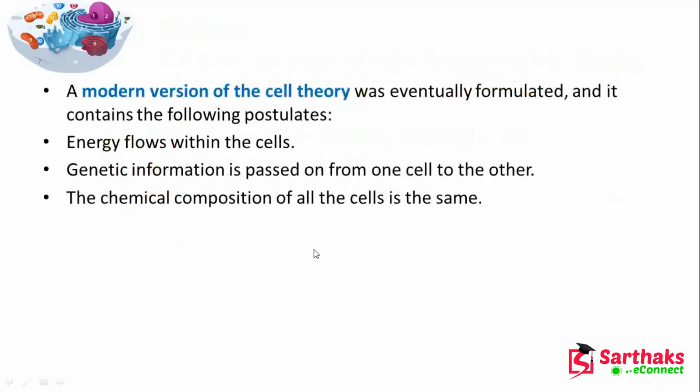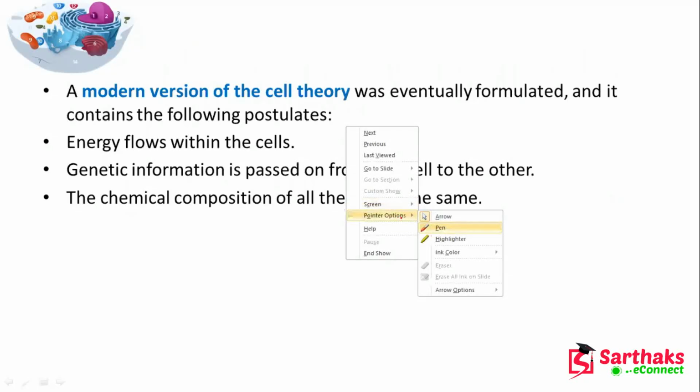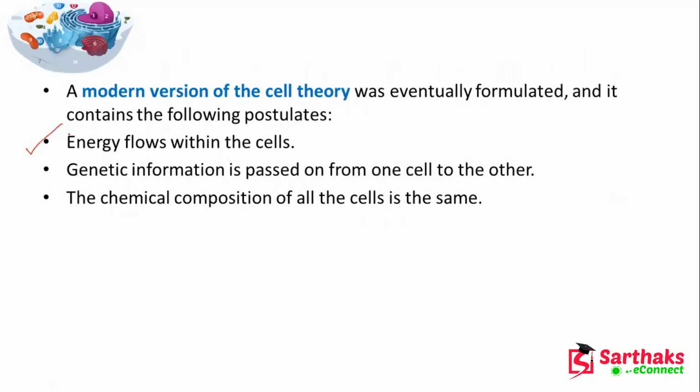Now, a modern version of the cell theory. In the modern version, it says that energy flows within the cell and genetic information is passed on from one cell to the other.